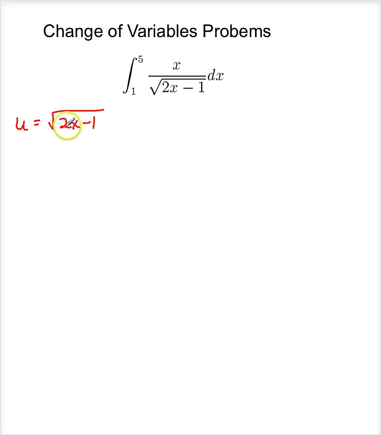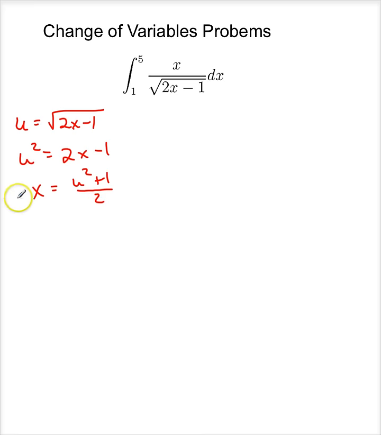All right, so now let me do a little massaging here. U squared then is 2x minus 1. So x, I'm just going to solve this for x, is (u squared plus 1) over 2.